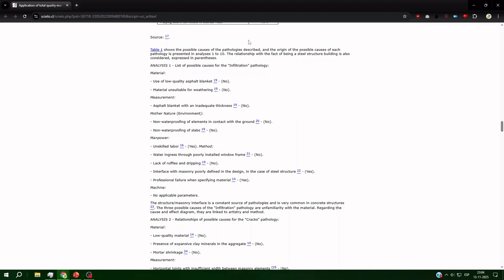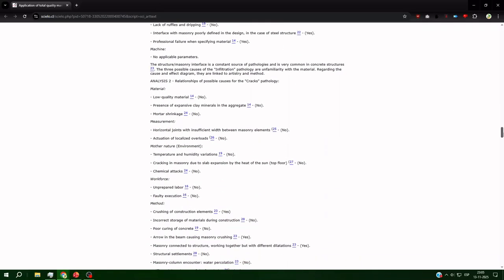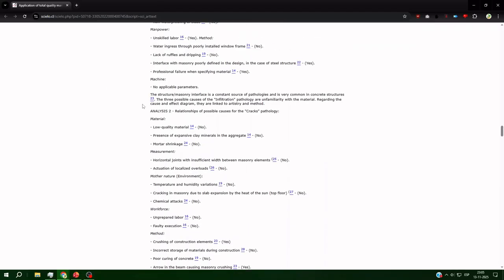For example, in infiltration, the analysis concludes that the causes were mostly manpower and methods, due to inexperienced labor and mistakes with the material specification, with the machinery section not even applying in this case.